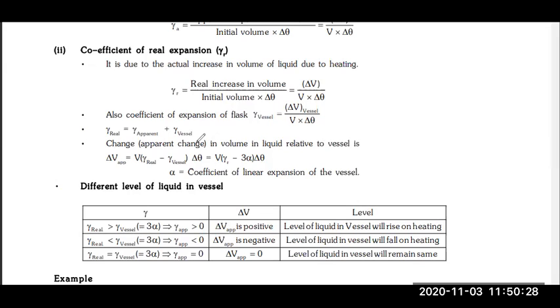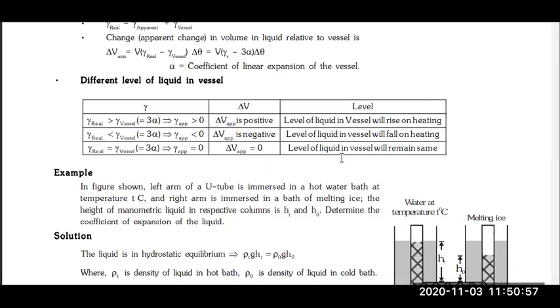And if the change in volume of the container is less than that of the liquid, then the level will increase. There's no rocket science in that. And if it is the same, then there will be no change. That's what is written in terms of gamma. Got it? Okay. Now there's one example based on this that you can just solve.